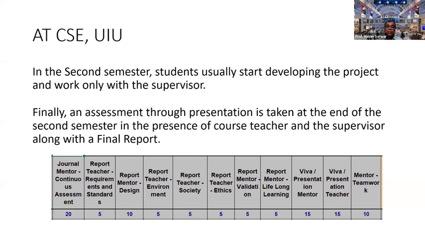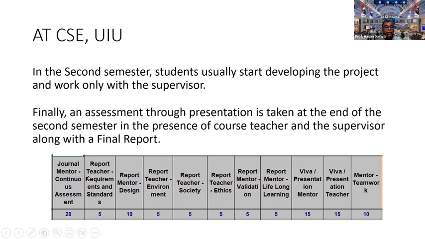Here also the marks are given in this way: some marks are given by the mentors, as you can see written here, and some marks are given by the teachers. The teacher is the class teacher who was involved in the first semester, but in this second semester, this class teacher works as an external.